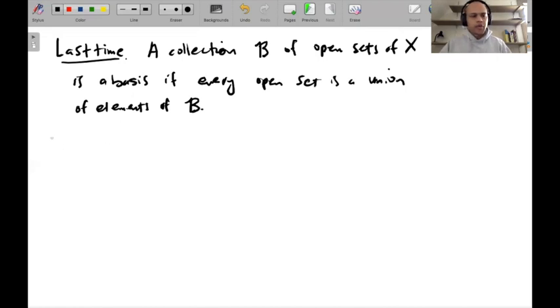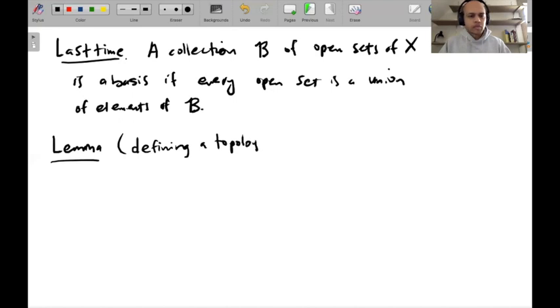Okay, so the main thing I want to prove here is the following lemma, which is defining a topology by a basis. So last time we approached bases in the following way.